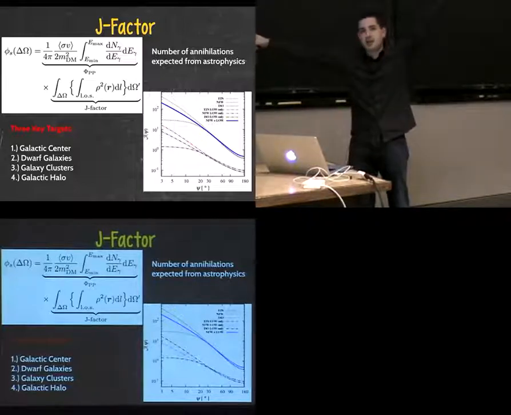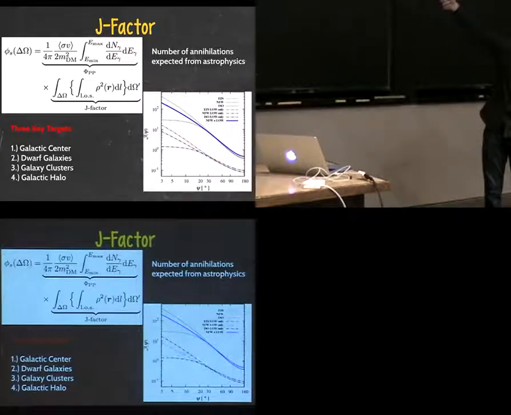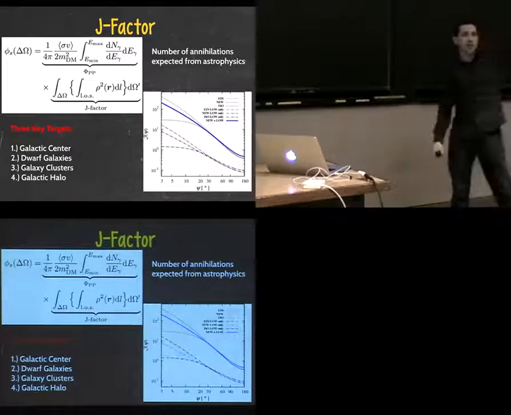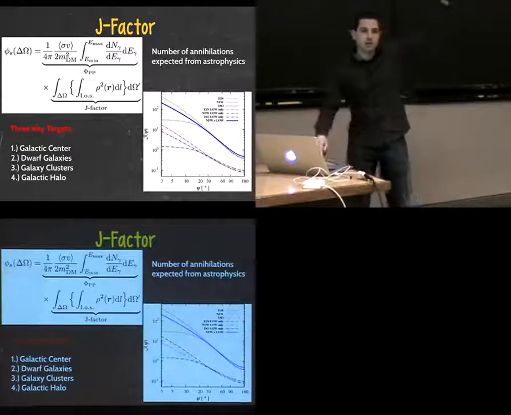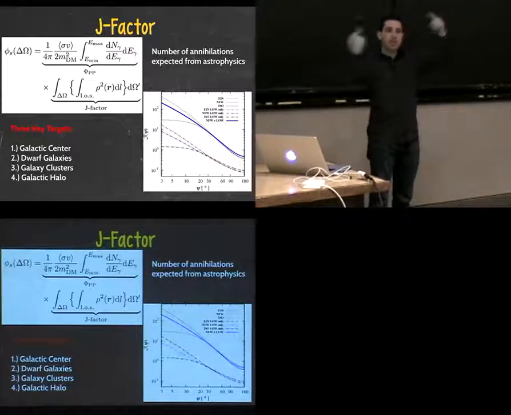So ignoring all of the particle physics for a second, let's compare this point in the sky to this point in the sky and say which one has more annihilations, which one should I look at? That depends on the dark matter density, how much dark matter is along that direction in the sky, and actually the square of that dark matter density. Why do I square it? Well, this is annihilation, so I need two particles to hit each other.